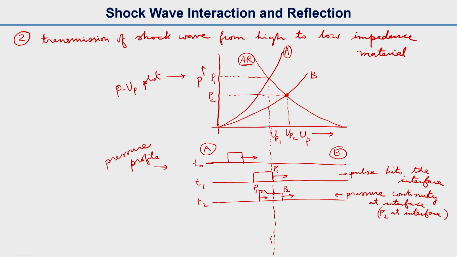As you can see, the reflected wave from the interface doesn't have a stiff front, so it is not exactly a shock wave; it has an inclined front. The release wave of the primary wave is traveling from left to right, and this inclined front is traveling from right to left.